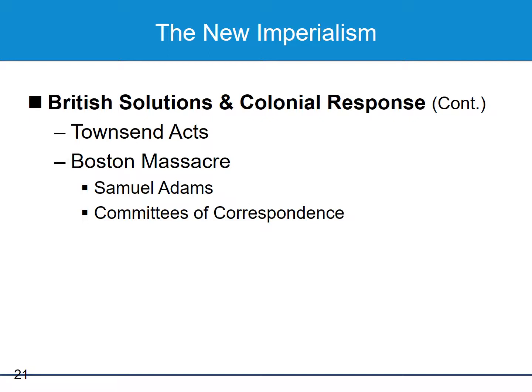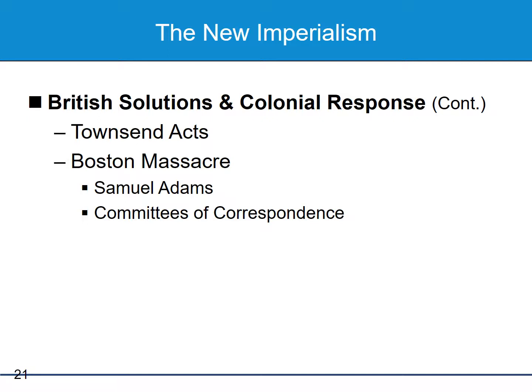And one of the soldiers panicked and fired on the crowd, and when that one person fired on the crowd, then of course several of the other soldiers fired on the crowd. And what we see then is that about 11 citizens were killed and injured during what became known as the Boston Massacre.